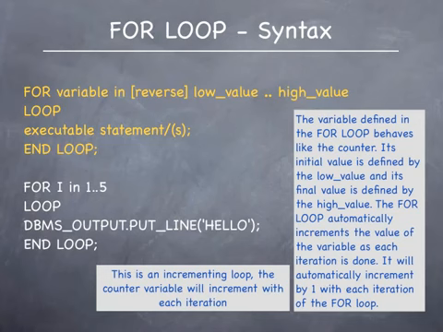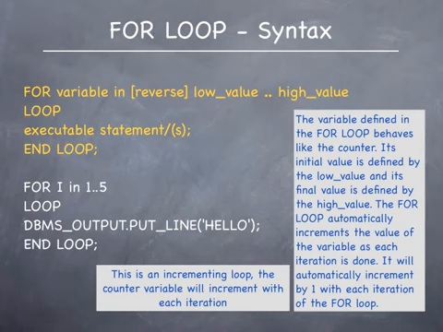The variable that's going to behave as a counter is the variable called I. The I has been declared in the for loop. It's not to be declared in the declaration section. The initial value of I will be 1, which is defined as the low value, and its final value will be 5, which is defined as the high value. For each iteration of the for loop, the variable I will automatically be incremented by 1.